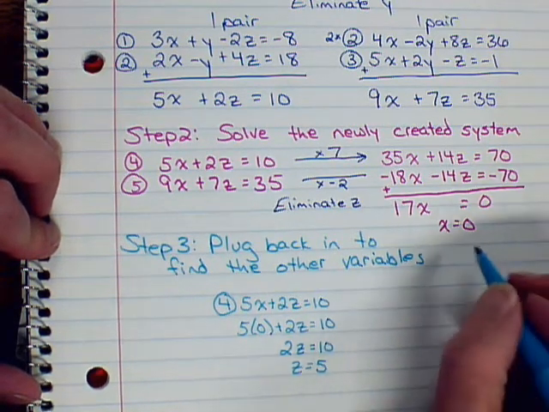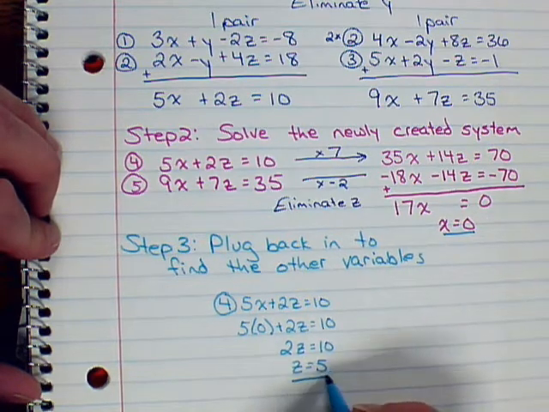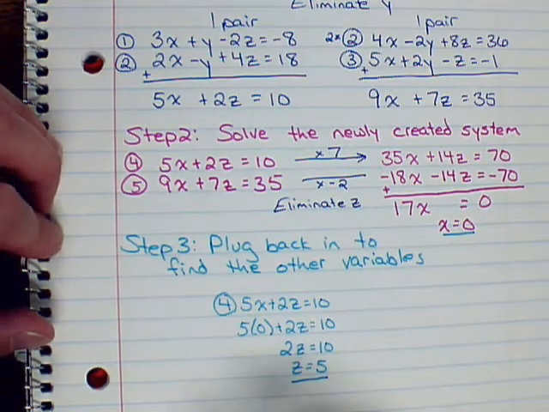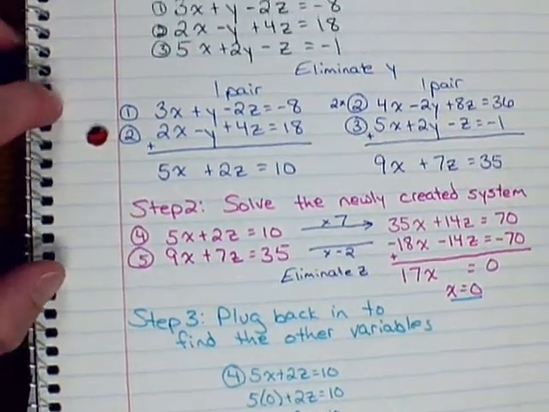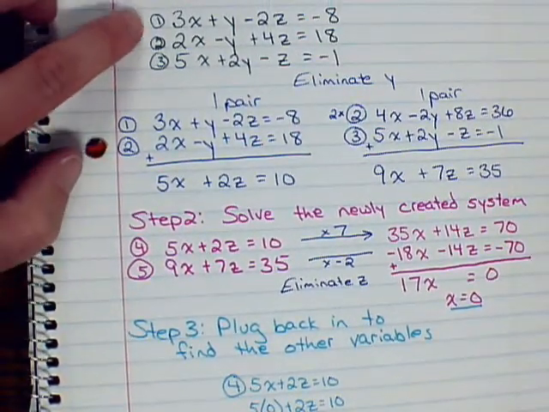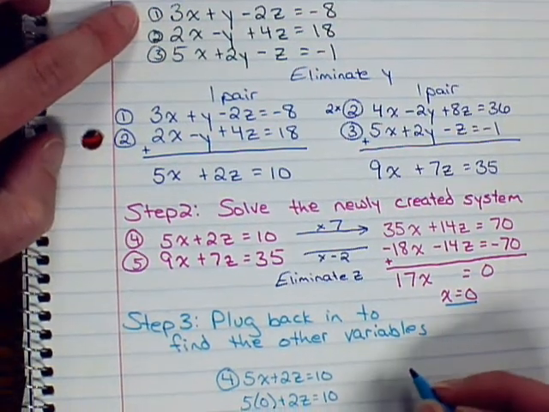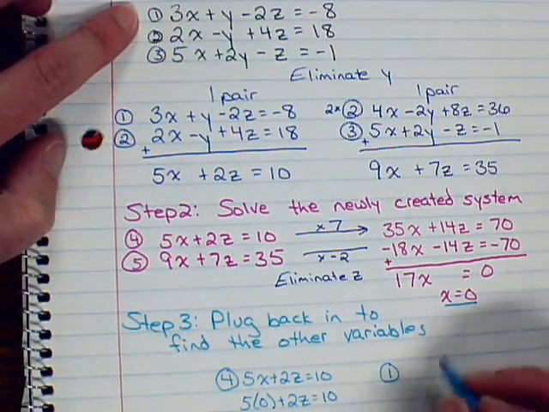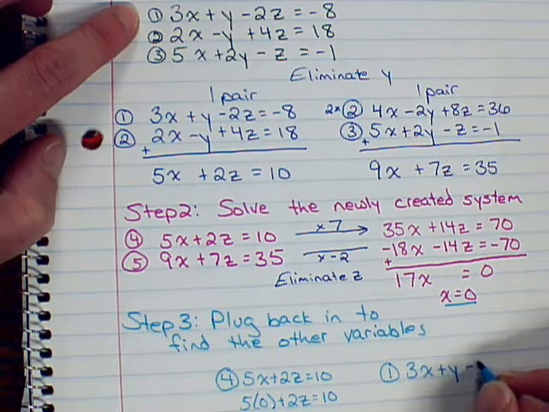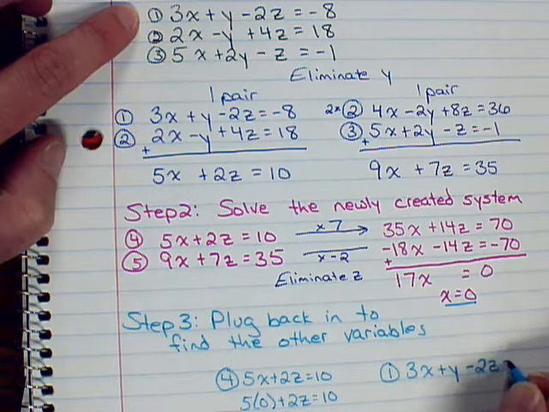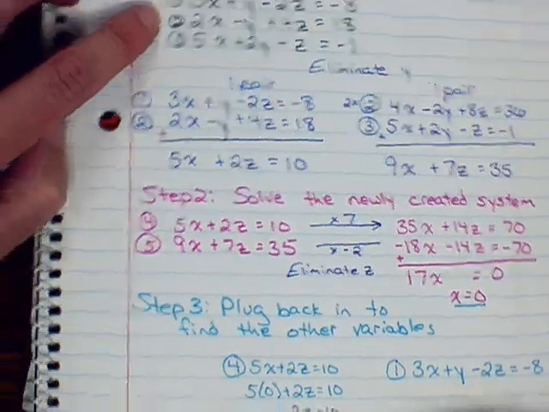Now I've got x, and I've got z. Gosh, I need y. Now 4 and 5 didn't have a y, so let's go back to the originals. Ooh, 1 has a y. Equation 1 was 3x plus y minus 2z equals negative 8.